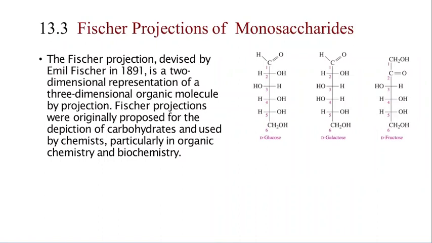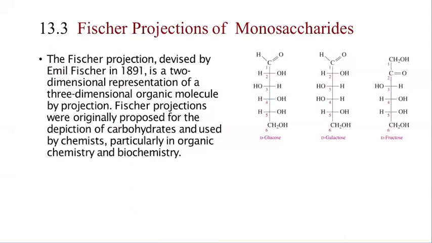The first thing that we're going to mention is the whole idea of Fischer projections. Earlier today, I mentioned to you guys that Fischer projections are a way to illustrate carbohydrates. We particularly use them in monosaccharides and other molecules that are chiral. So what is a Fischer projection?